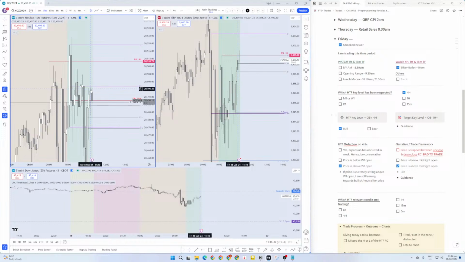Can you see that on the 5 minute price attempted to close above this, but it wicks above. So when this opens, you can technically think, okay, if price fails to break higher, it can go lower.